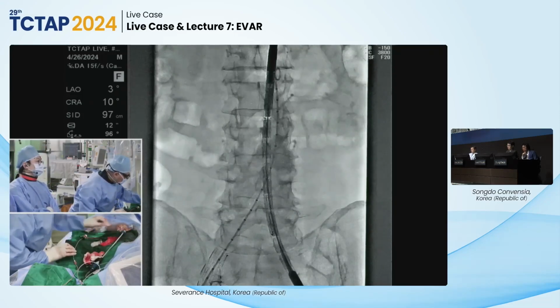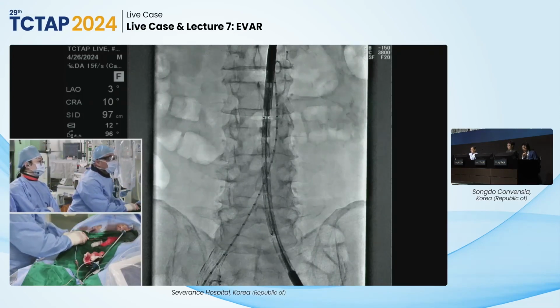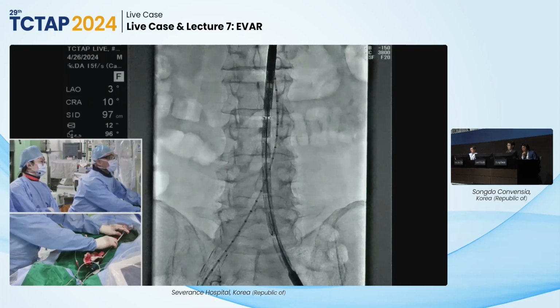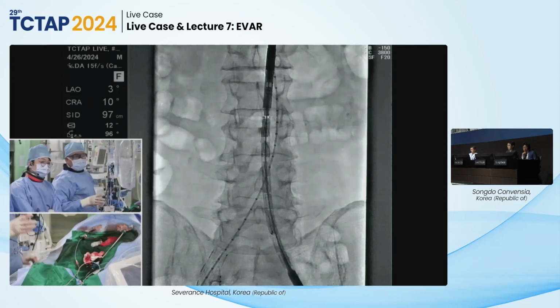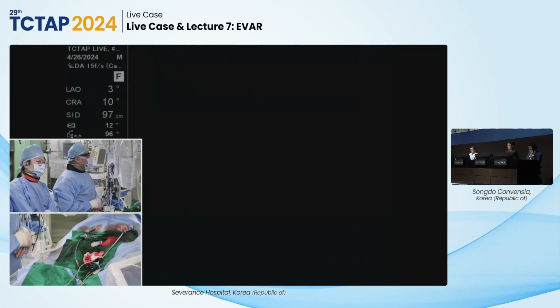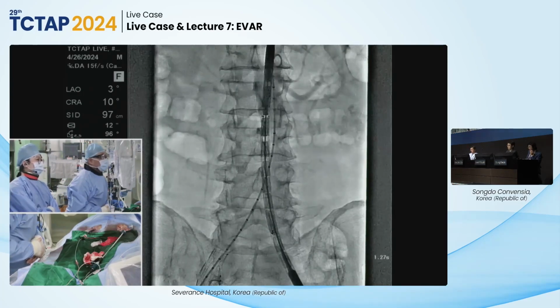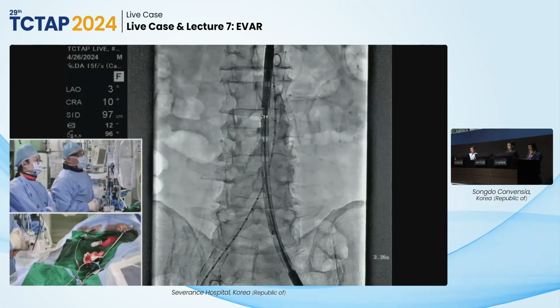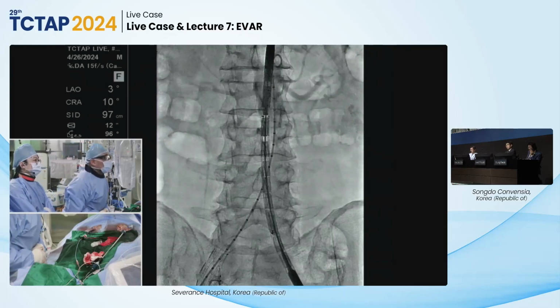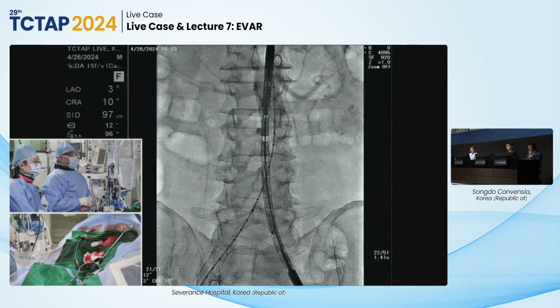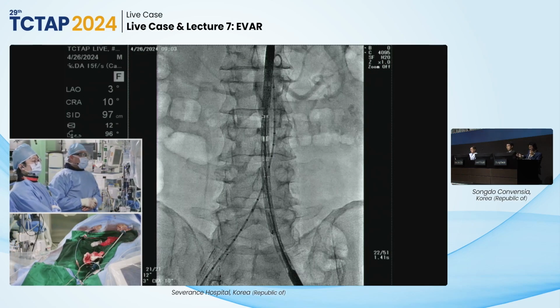Okay. Yeah. Okay, so angiogram, aortogram. Let's go. Yeah. Okay. So I think on this view, the right renal artery seems to be a bit lower.